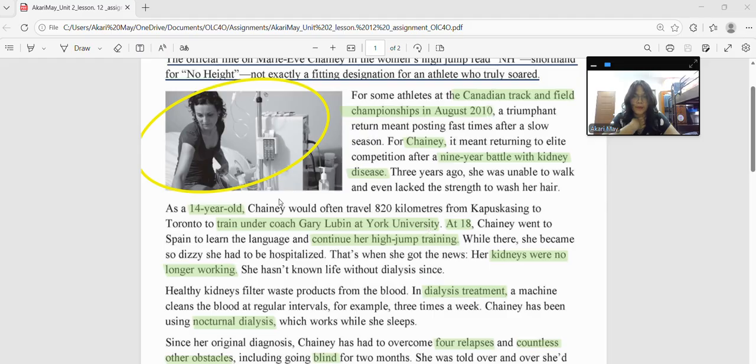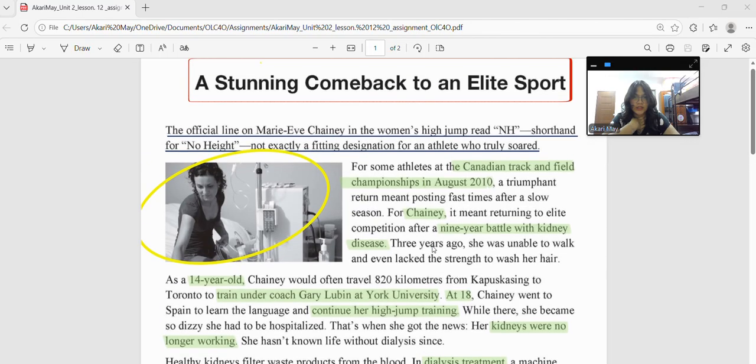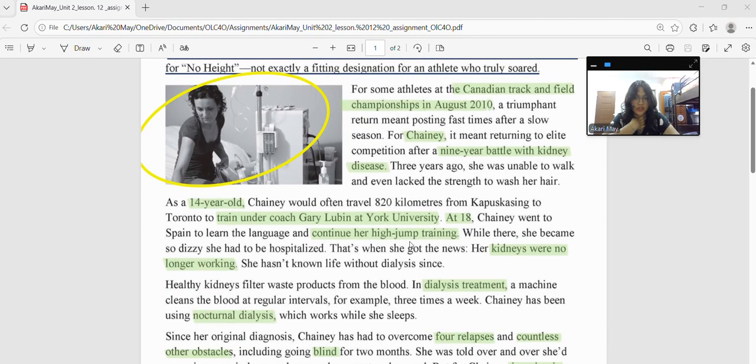So since she was 14 years old, she trained a lot at university, and at 18 continued her high jump training. So this elite sport, it's about high jump, I suppose.